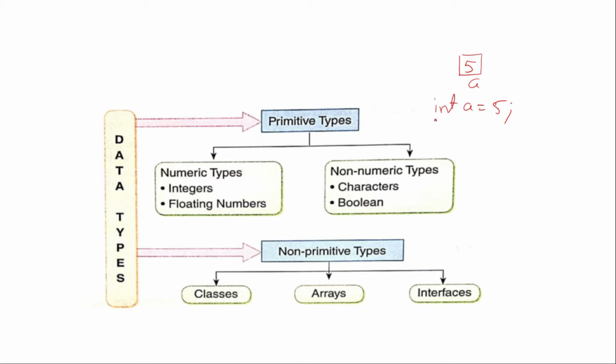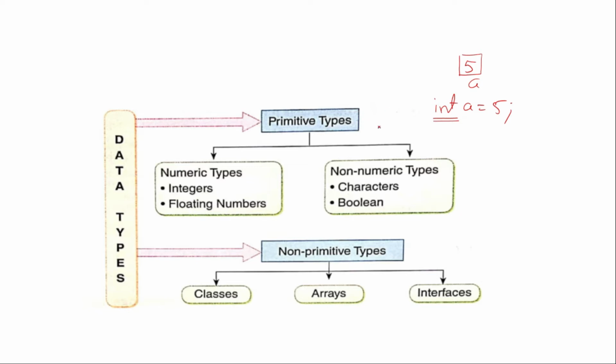Now what this statement tells the compiler is that value 5, which is an integer type, is stored in variable a having data type int. That means this data type indicates to the compiler that in variable a a value of integer type is stored.